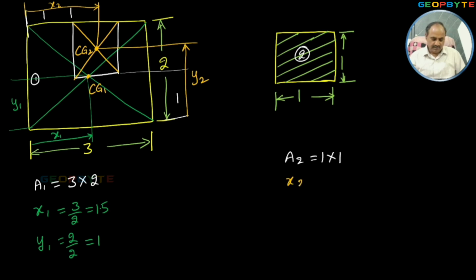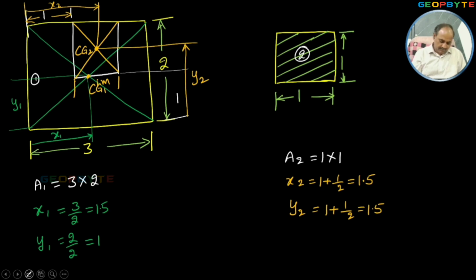Now, look at x2. X2 equals what? This distance is 1, so 1 plus 1 by 2 is equal to 1.5. Similarly, y2 also equals 1 plus 1 by 2, which is 1.5.